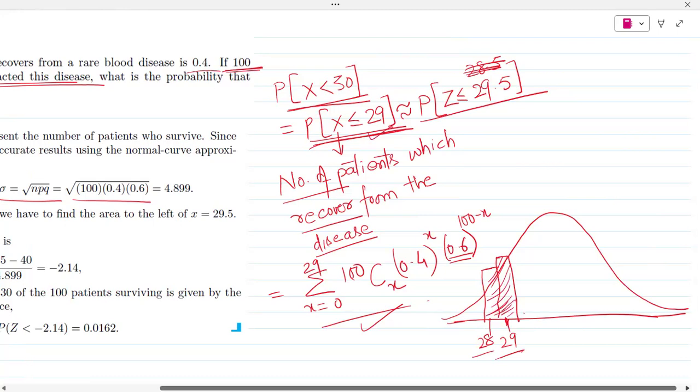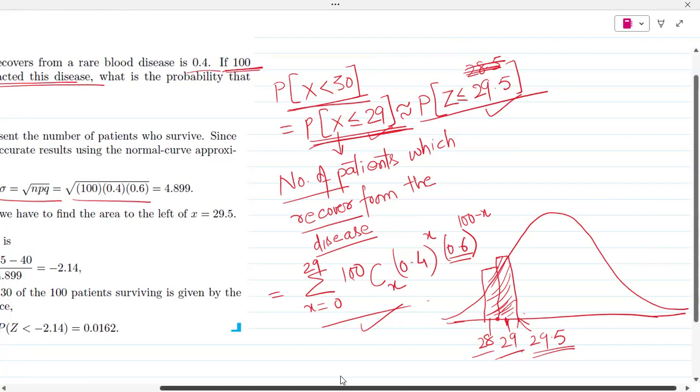So that's why we need up to 29.5. Please mind, because if you go up to 28.5, you will miss the half portion. You can very well see that if you go up to 28.5, you will miss some portion. So it is 29.5. This figure is just for explaining the concept of why it should be 29.5 and not 28.5; otherwise, it is not an accurate figure.